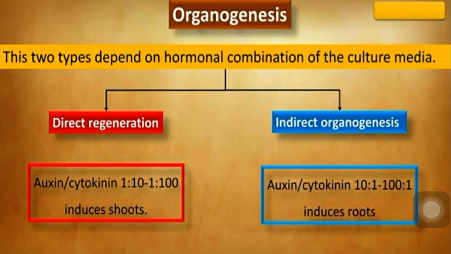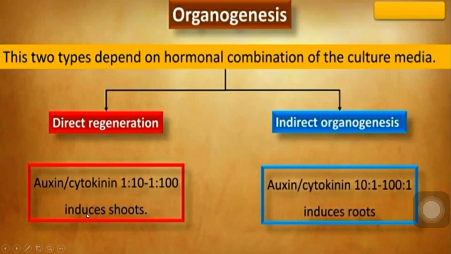We will first discuss the hormonal combination for organogenesis. Whenever we have to go for induction or formation of shoot under in vitro condition, we have to take a higher concentration of cytokinin relative to the auxin.